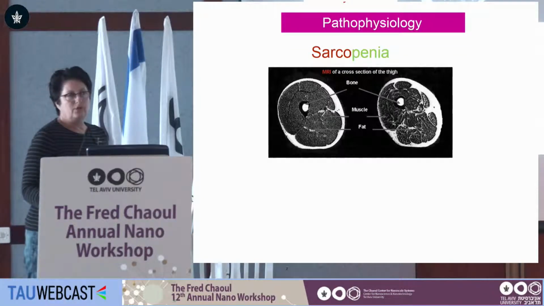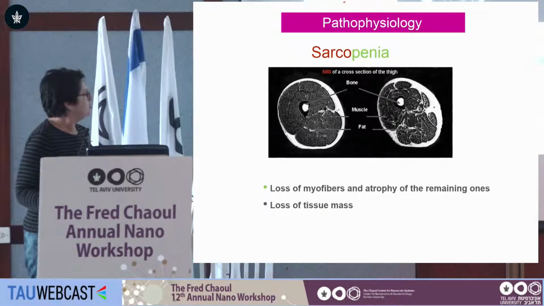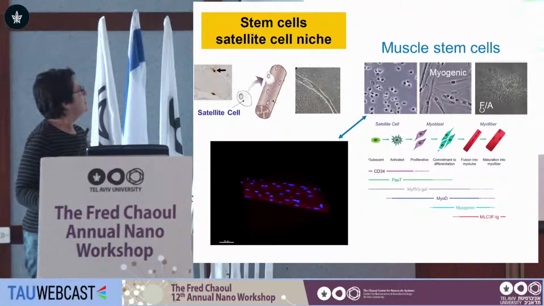Sarcopenia is a condition where cells, instead of being myogenic, become more adipose in the muscle tissue. The muscle tissue will lose mass and atrophy, replaced by adipose cells at the expense of the myogenic cells.